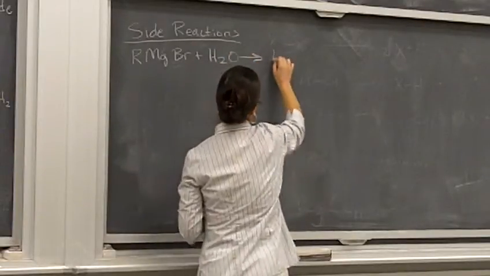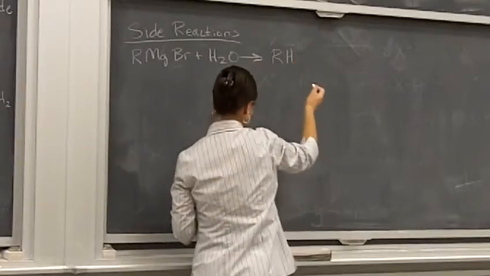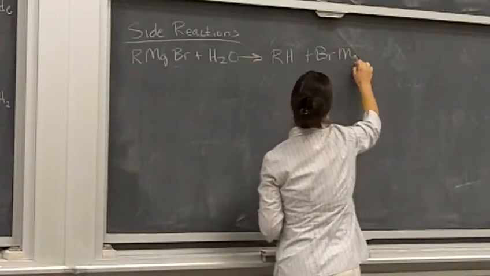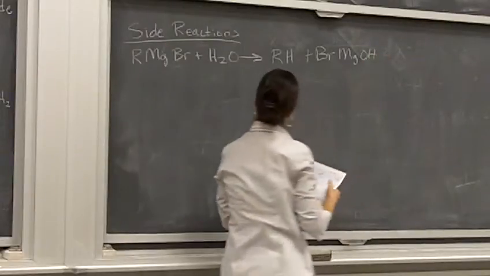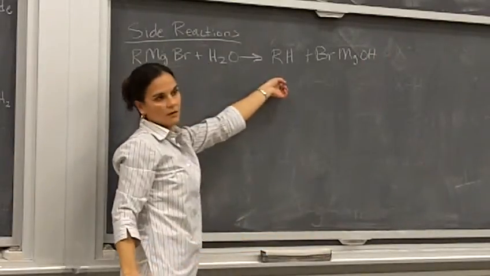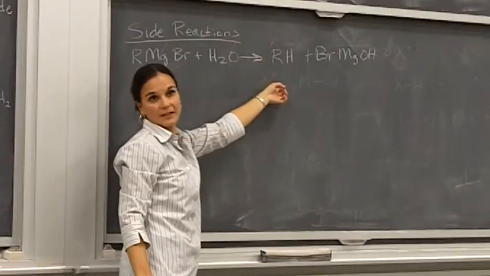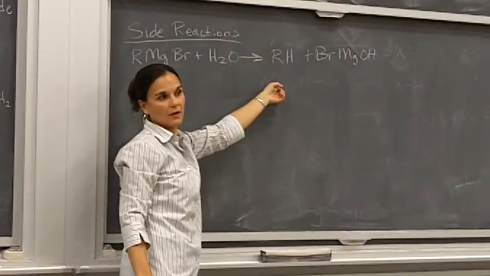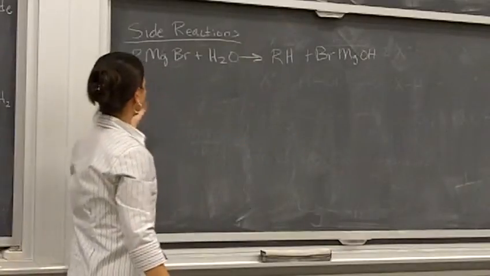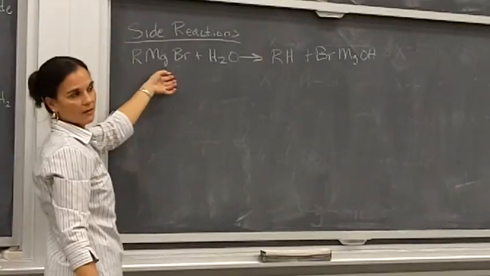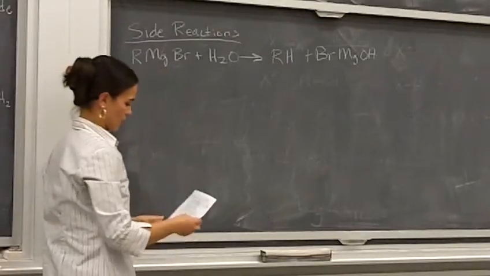And when it reacts with water, these are the species we get. It kills our Grignard reagent and it's no longer reactive. So we get the resulting alkane from our alkyl bromide. It's now not going to react the way we wanted it to, okay? So if our Grignard reagent reacts with water, that's trouble. We've now killed it and it's not there to then go on and do the Grignard reaction.